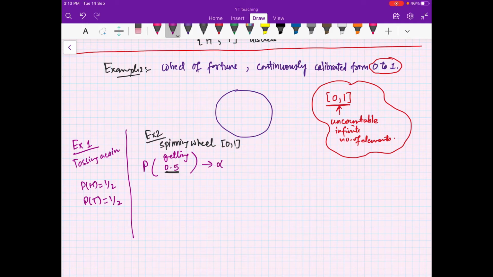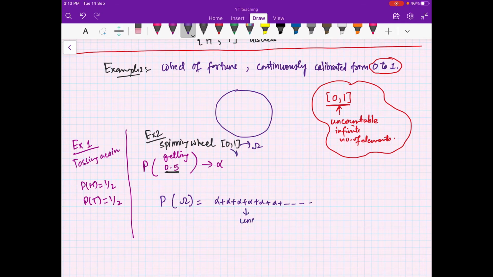Then what will be the probability of the whole sample space, this is your omega, because these are all possible outcomes? That will be alpha plus alpha plus alpha plus alpha, and so on, because it contains uncountably infinite elements.